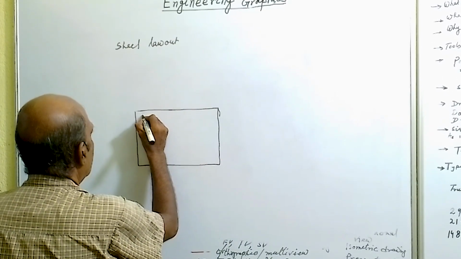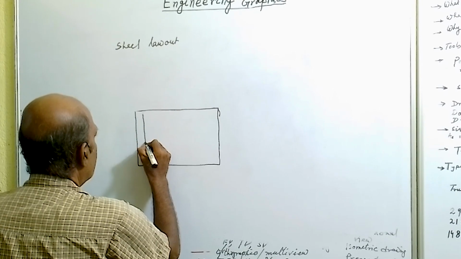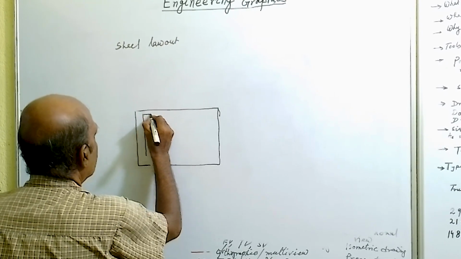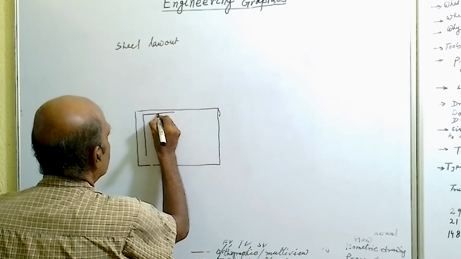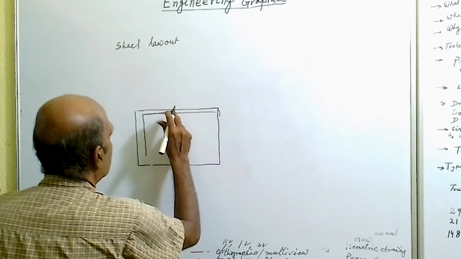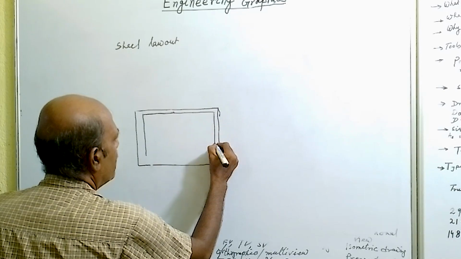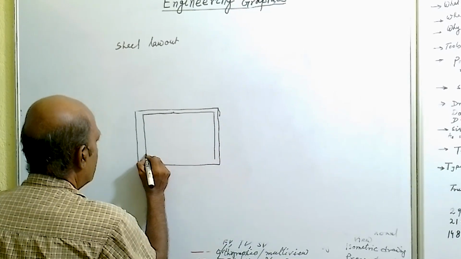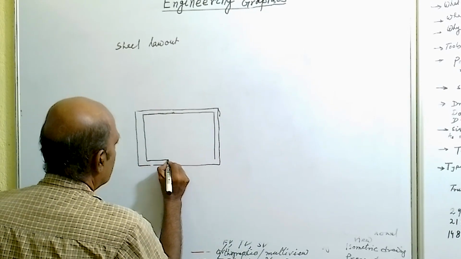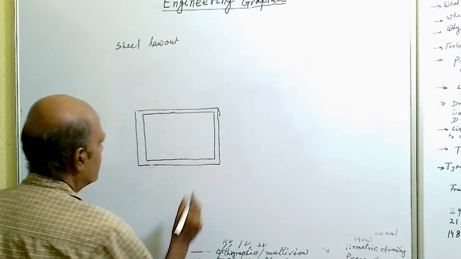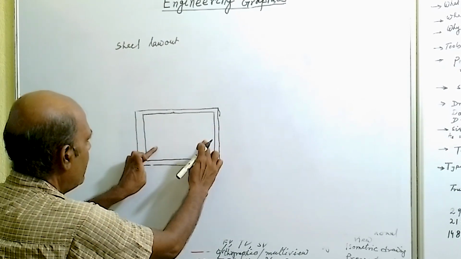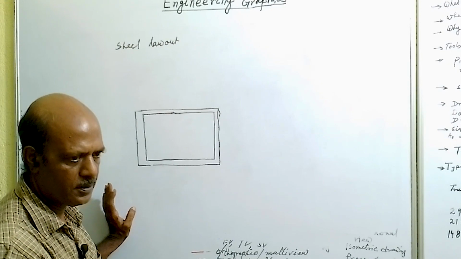So this is 20 millimeter at the left end, and all other sides we leave only 10 millimeter. So this becomes the margin. So this space is available for drawing purposes.